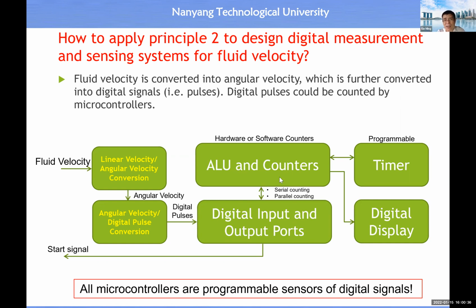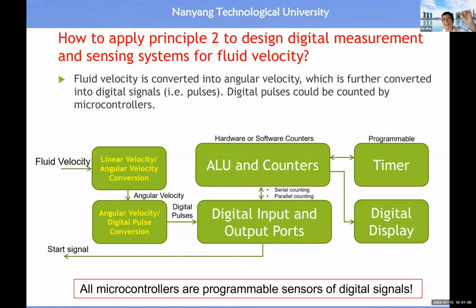And inside the microcontroller, we have a counter. We have a hardware counter plus software counter, right? And inside the microcontroller, we have a timer, which is programmable, right? So it is not an issue for us to use microcontroller to do the counting of external pulse, or we can treat external pulse as a time window, as a single pulse.